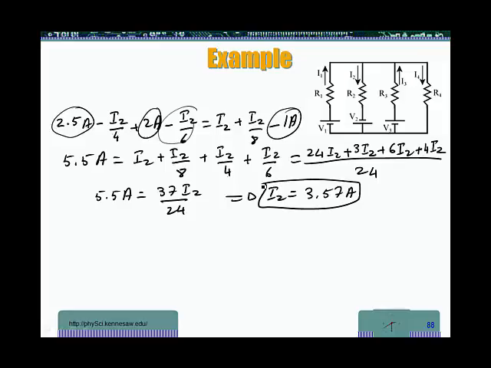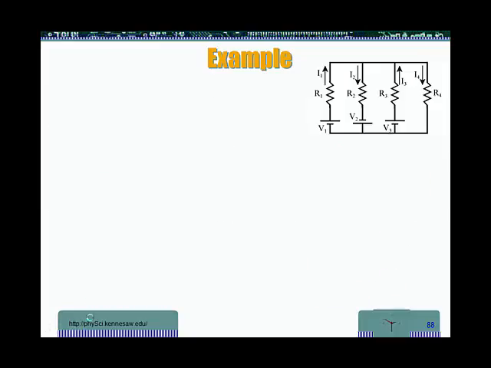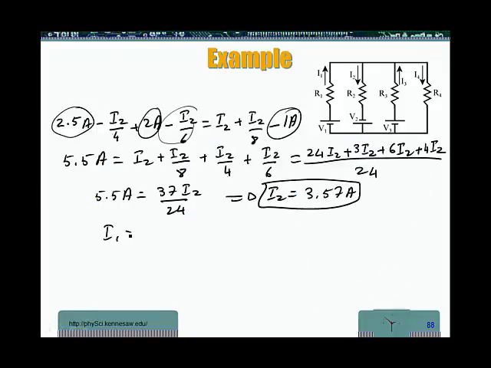Now that I found I2, I can go back to these equations. I1 is equal to 2.5 amps minus I2 over 4. I replace I2 by 3.57 amps, so I should be able to get I1. So that comes out to be 1.61 amps.